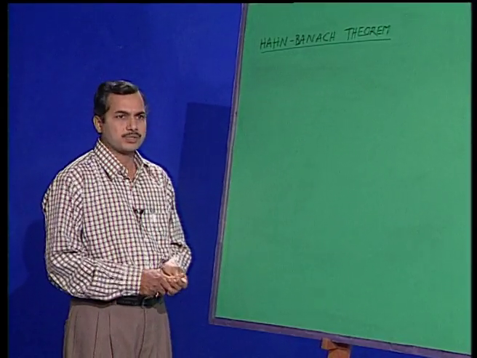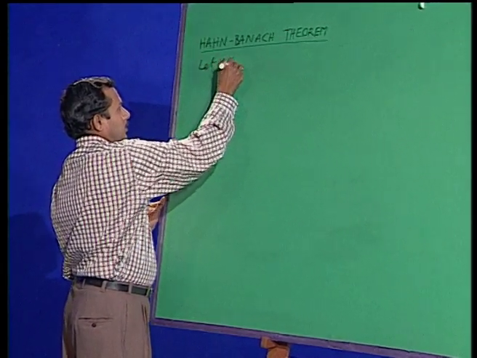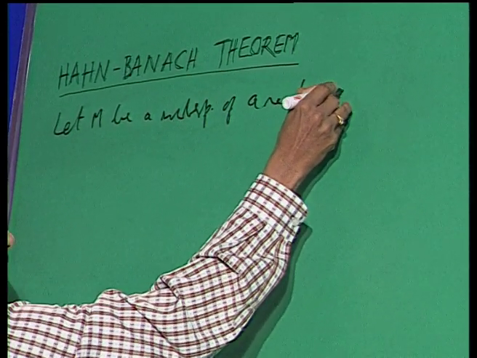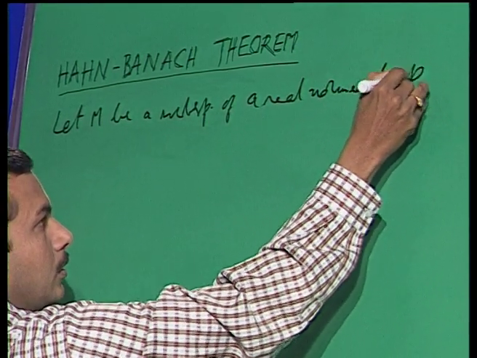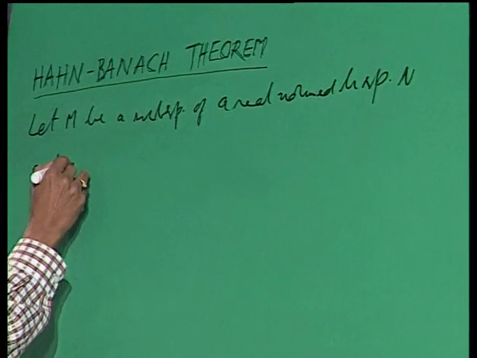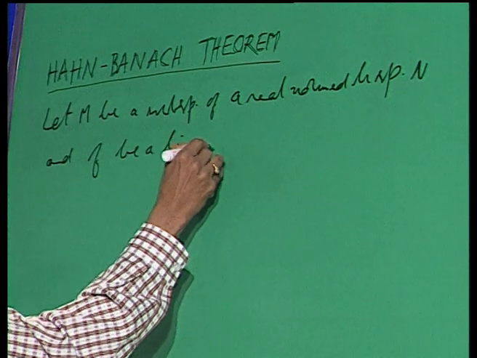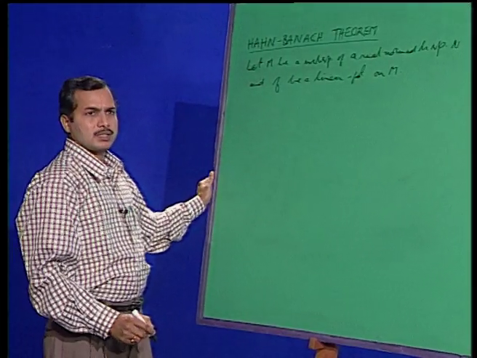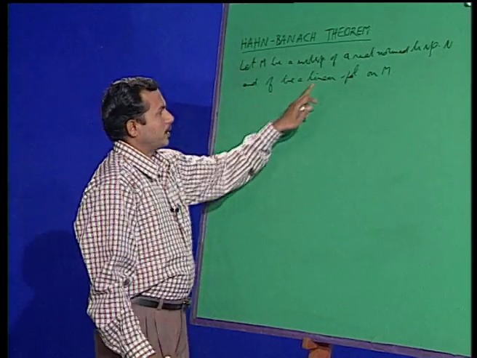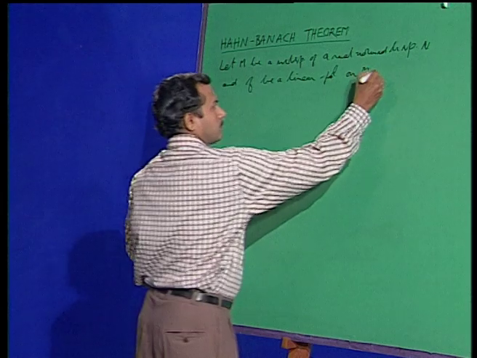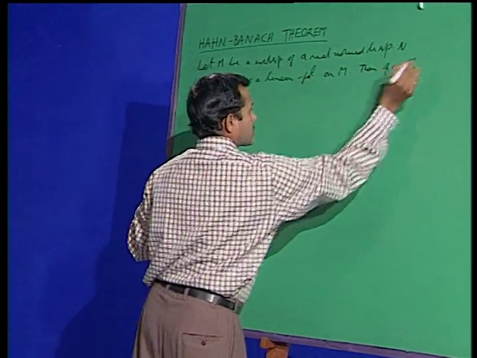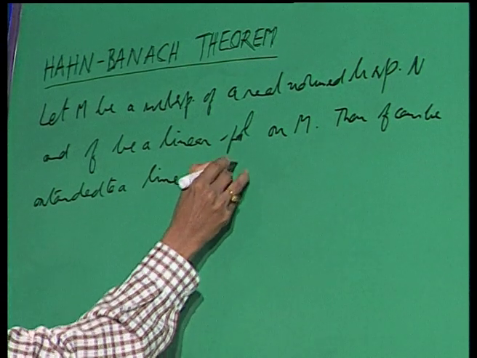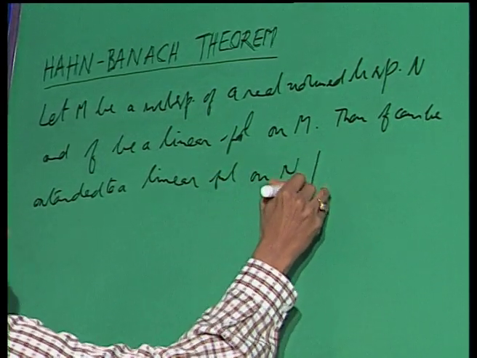This theorem states as follows: let capital M be a subspace of a real normed linear space capital N, and let capital F be a linear functional on capital M. Then this theorem says that this F can be extended linearly to a functional on capital N preserving the norm.